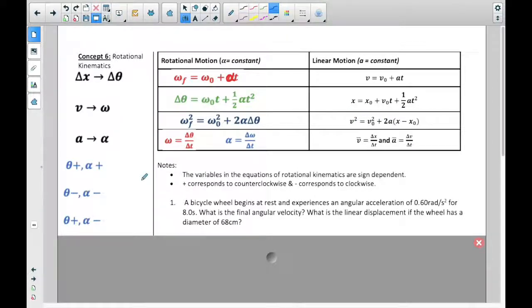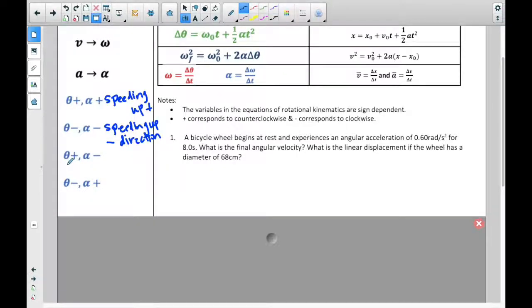Now, another thing I have in the margin is what happens if we're going in the positive direction and we have positive acceleration. In that case, we are speeding up, and we're speeding up in the positive direction. Same thing, if we're going in the negative direction and we have negative acceleration, we are again speeding up, but this time we're speeding up in the negative direction.